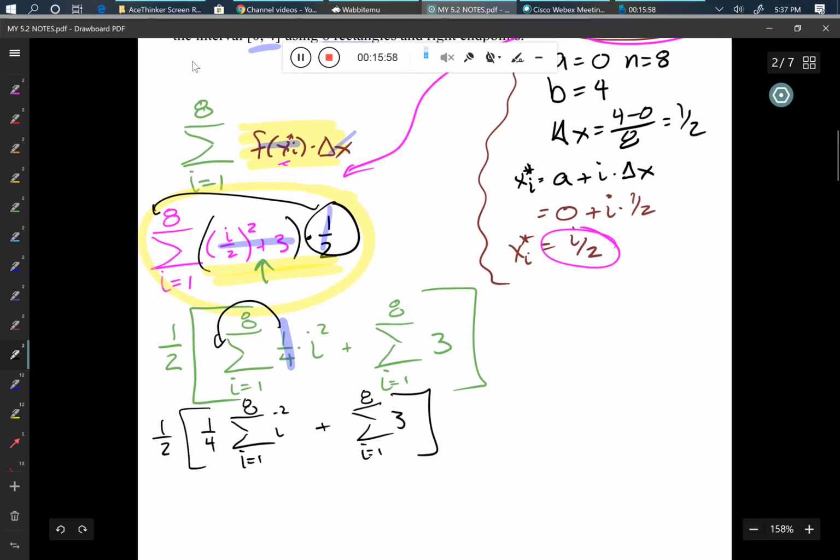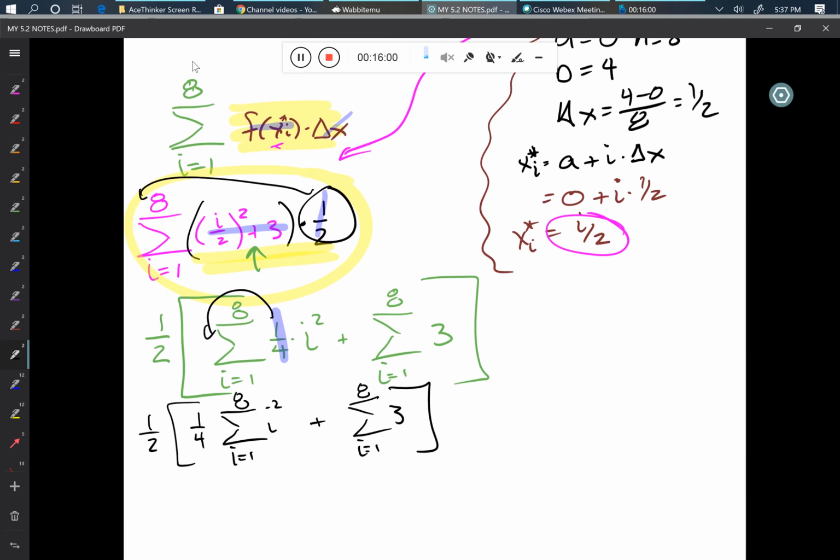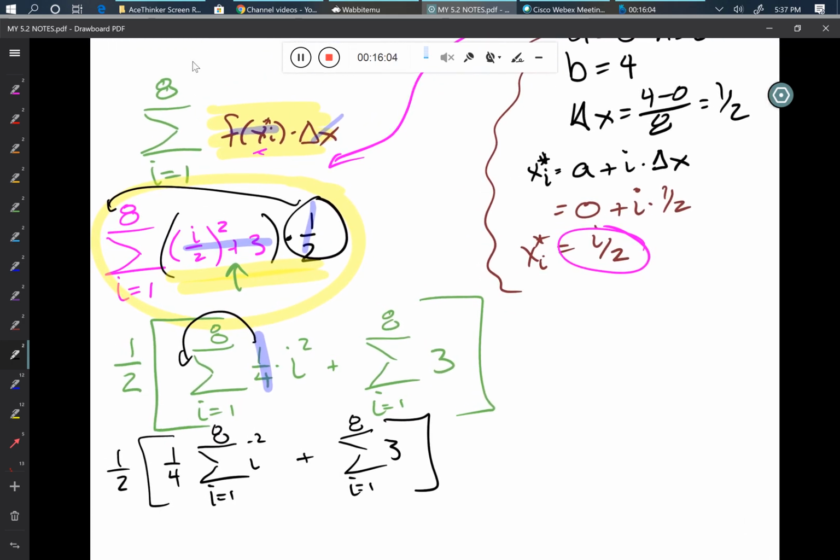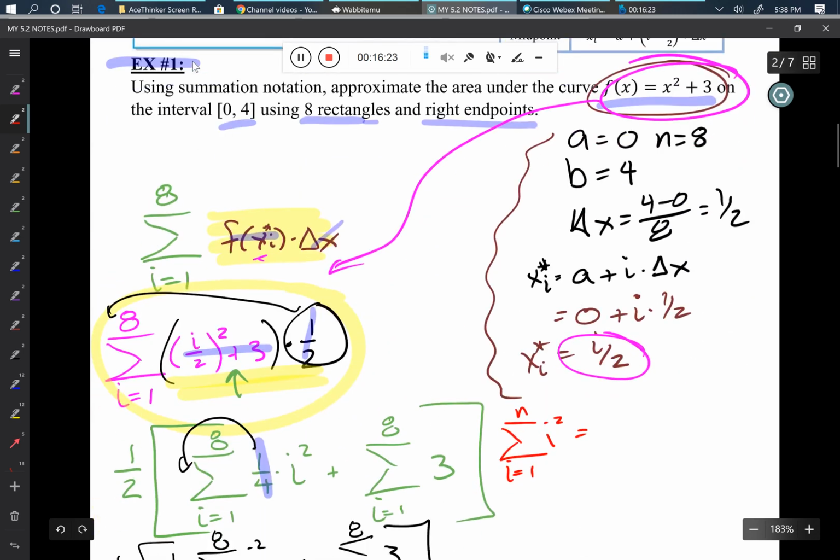Okay. Now at this point, since I have my summations reduced down to where I can use the formulas, I'm going to use those formulas. Because it's too much to go back and forth, over here on the right, I'm just going to copy those formulas down. The formula I need for the first summation says that the summation as i goes from 1 to n of i squared is, I'll go back up and look, there it is right there.